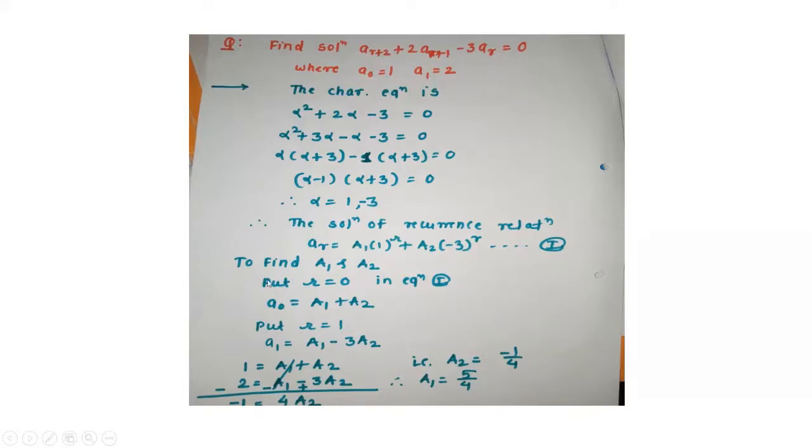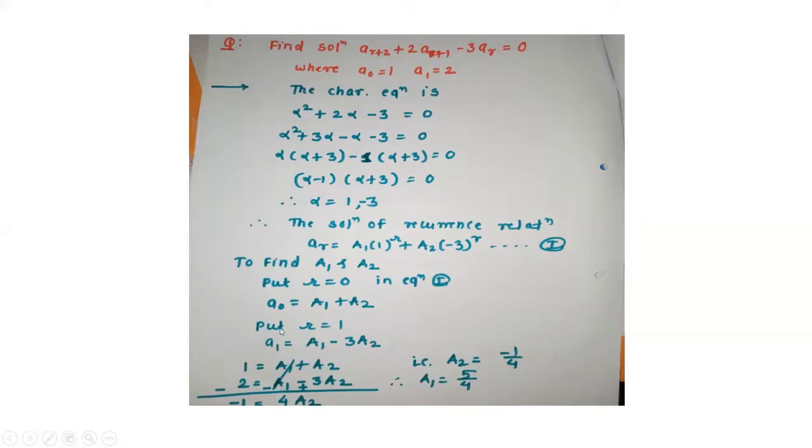To find A1 and A2, we put r equal to 0 in equation number 1 and then put r equal to 1. Then a_0 equal to A1 plus A2, and after putting r equal to 1, a_1 equal to A1 minus 3A2.